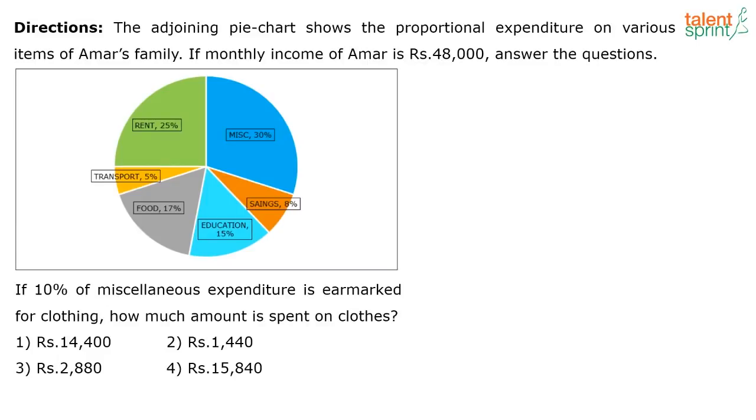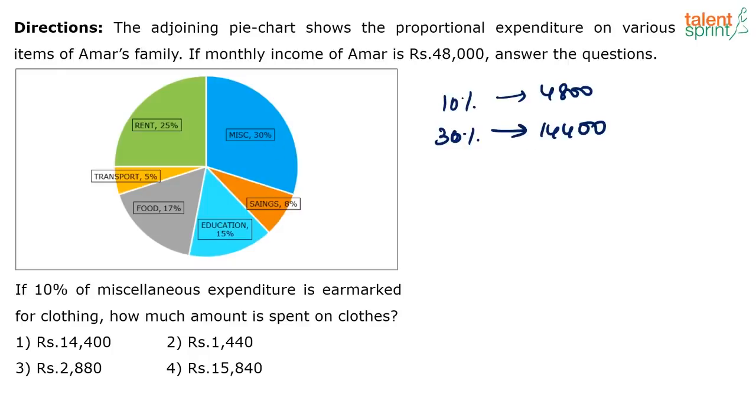So what is 30% of 48,000? See, 10% of 48,000 is 4,800. So what is 30%? 30% is nothing but 4,800 into 3. Correct? That is 14,400. This is 30%, right, of his total income. So this he is spending on miscellaneous items.